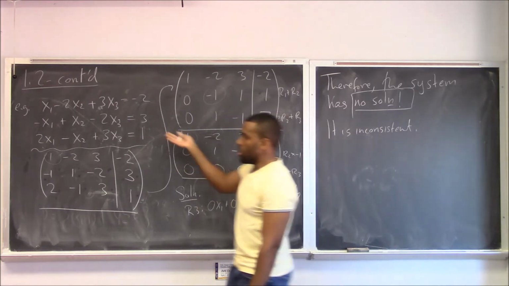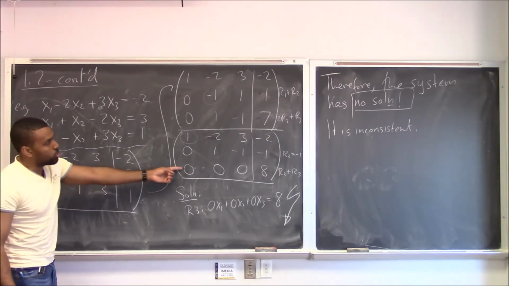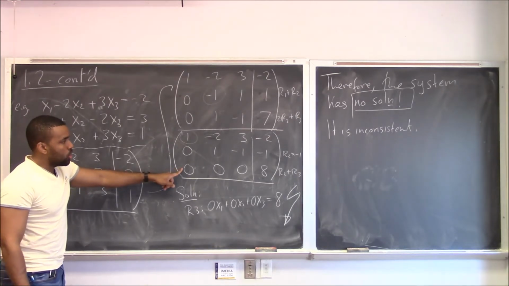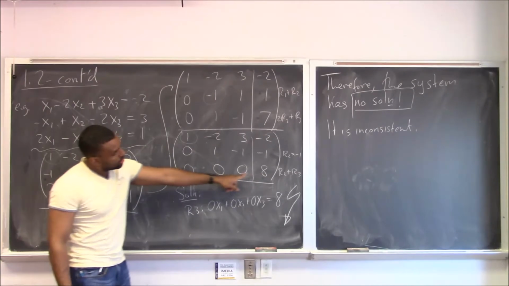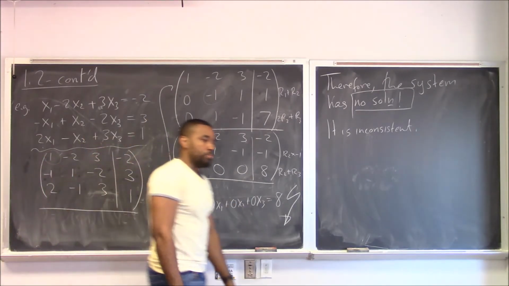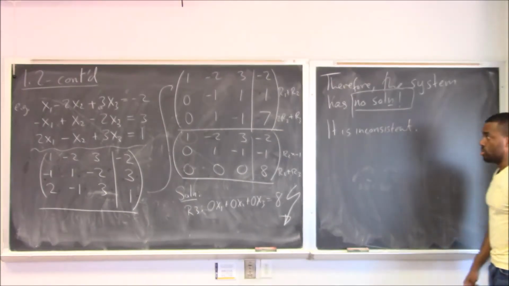Right? Here it's hard to actually tell that from the beginning, but throw it in a matrix, you'll eventually get to a point pretty efficiently where something like this happens. You end up with 0 equals something that's not 0. And this is pretty much always something that we're going to look for when we want to figure out if something has no solution.